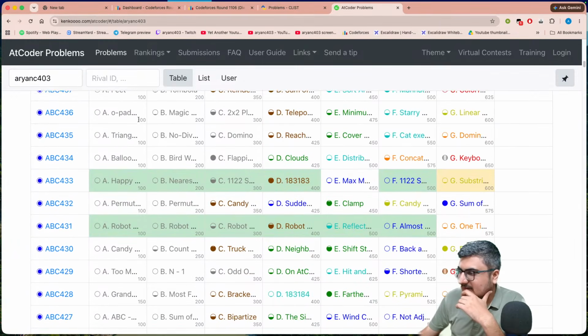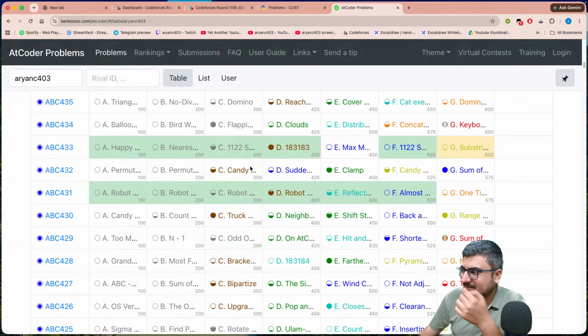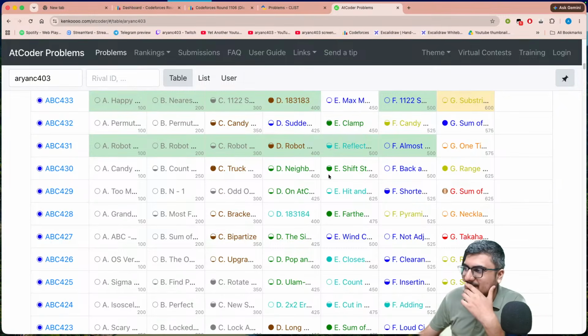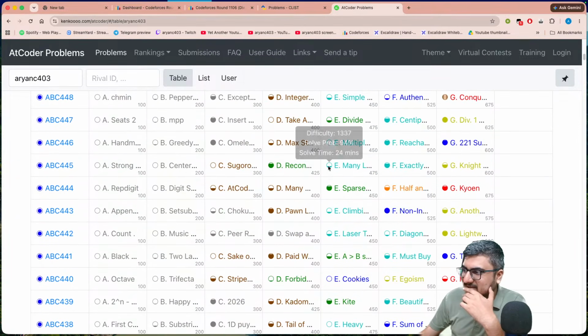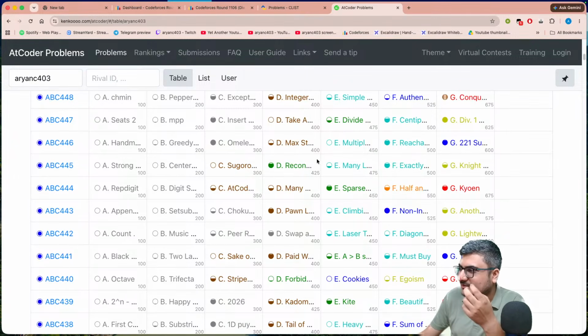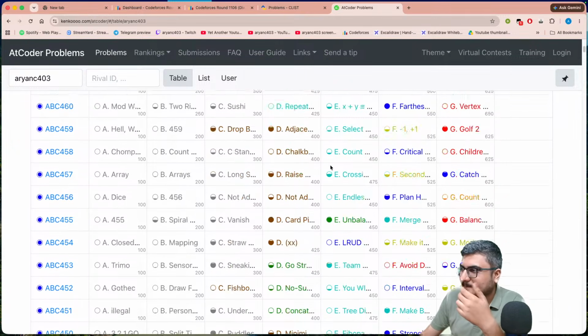If you put in your handle here, then you can also figure out approximately how much time you would need to solve this problem and what is the probability that you would be able to solve it. Again, the fundamentals are the same. Because you know the rating of a problem, you can use Elo to figure out the probability you will win against that person. There is a formula for it, and I'm not sure how these guys compute time and all, but this is where we are.